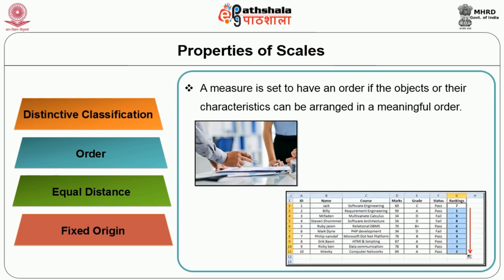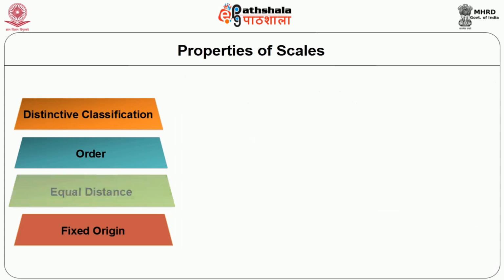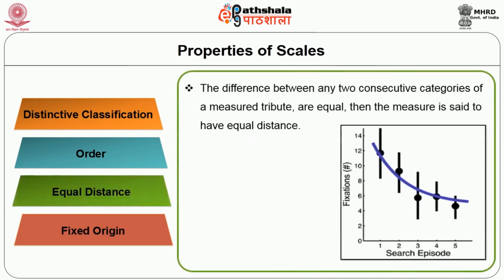Order: a measure is said to have an order if the objects or their characteristics can be arranged in a meaningful order. For example, marks of the students can be arranged in ascending or descending order. Equal distance: if the differences between any two consecutive categories of a measured attribute are equal, then the measure is said to have equal distance.